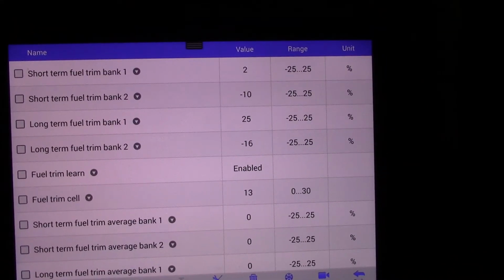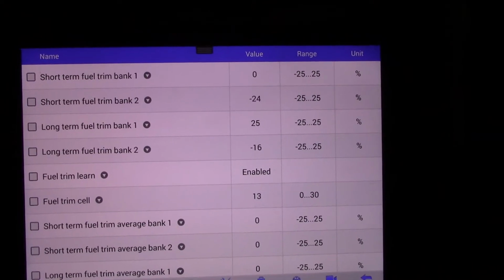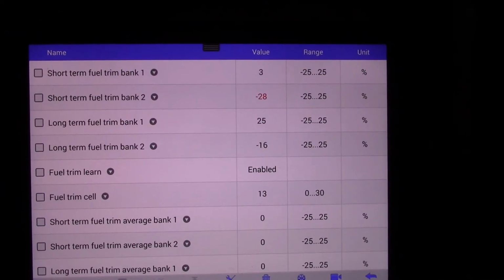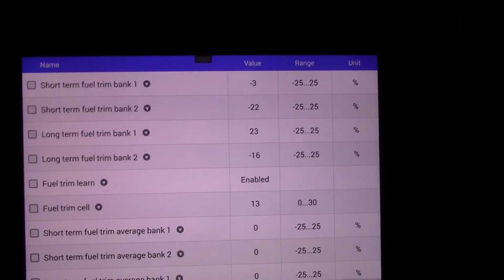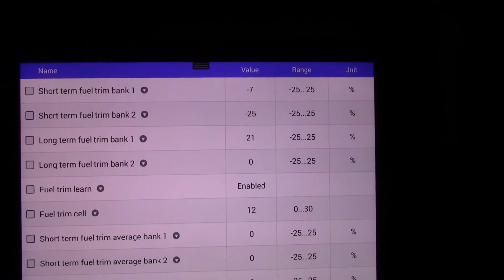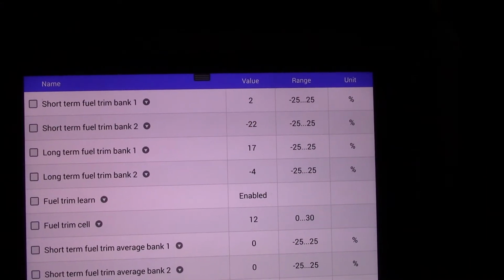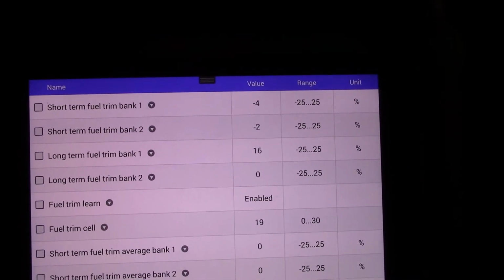Okay. Let's see what happens when we power brake it and watch the fuel trims. Okay, as you can see, I am continuing to add on bank 1, but more so, and I am continuing to take away on bank 2, definitely more so, a lot. 40-some percent subtracting. And of course, this thing is running terrible.